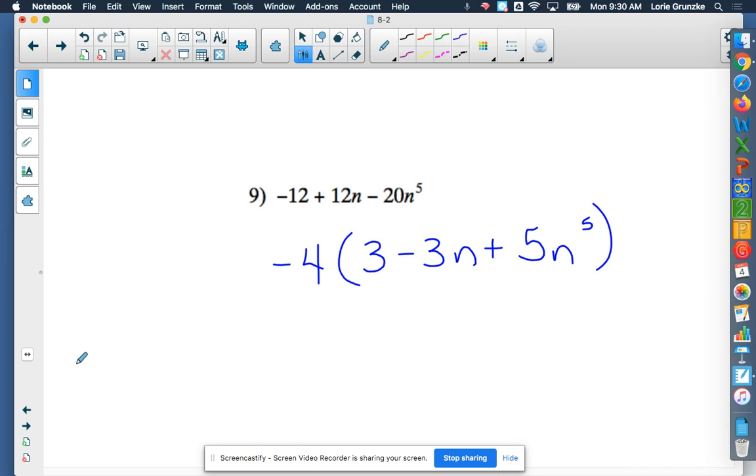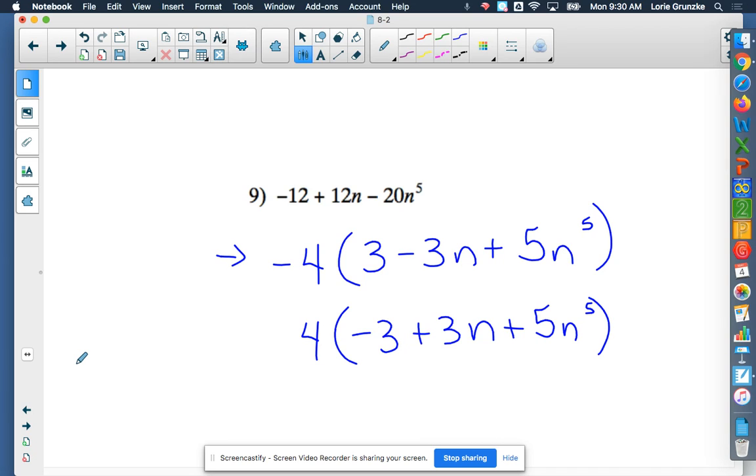Now at this stage, if you took a positive 4 out, I would give you credit. If you took a positive 4 out, then your answer would have been negative 3 plus 3n plus 5n to the 5th.